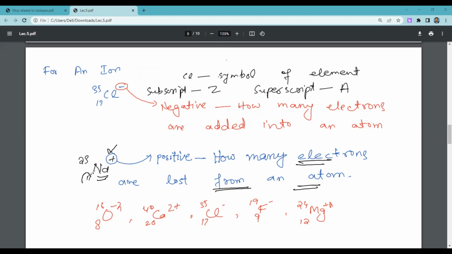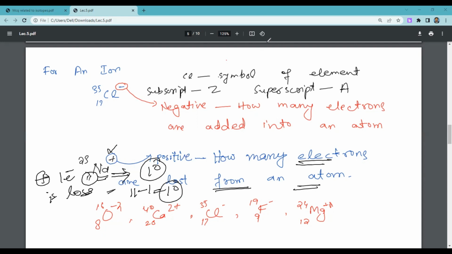There were a total of 11 electrons in the atom of sodium. If one positive charge is present, it means that one electron is lost. Now the remaining electrons will be 11 minus 1 is equal to 10. 10 electrons will be present in the ion.